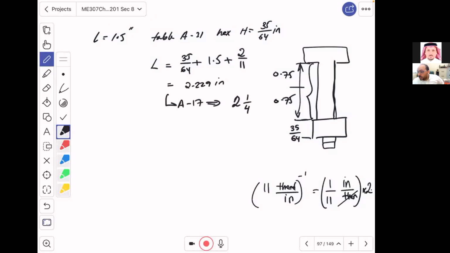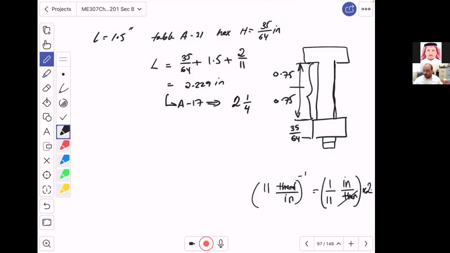Maybe the question was confusing, or maybe the bolt specifications were not given to us and we needed to find them. But in that case, nobody told us to use a grade 5, so just take it as is. In the exam, you should be given all the information.